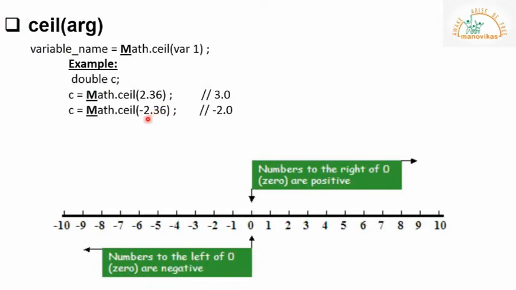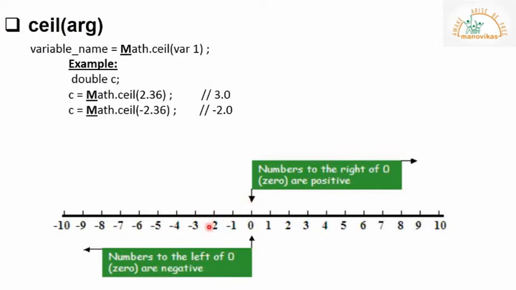The next example I have considered is minus 2.36. Minus 2.36 after rounding using this function will give you minus 2.0 as the result, because minus 2.36 lies between minus 2 and minus 3, and everyone knows that on the left-hand side the values are lower and on the right-hand side the values are higher.